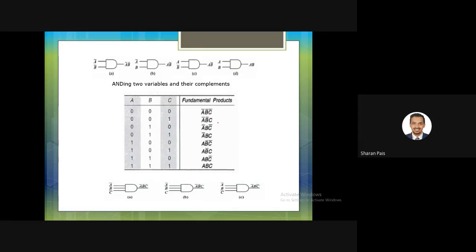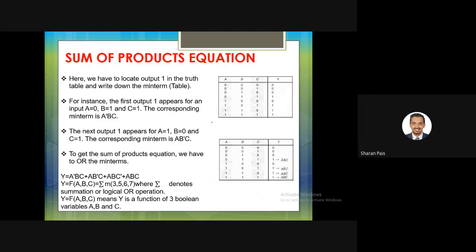If it is 1, then write it directly, C. That's it. Fine. This is how we are identifying the fundamental products of each combination of inputs.